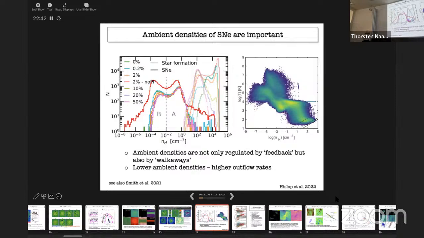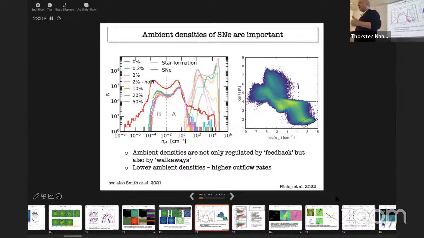This is a phase diagram of what we can resolve. We have a warm phase here, a cold phase, a hot phase, a three-phase medium. This is the photoionization part here, and here's our star formation regime. This is like 8 times the Jeans mass, or half the Jeans mass.